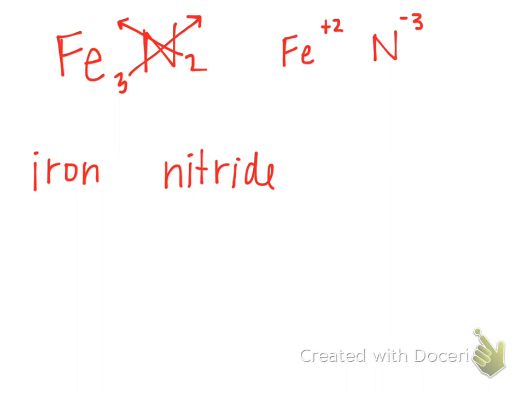Once I've reversed these charges and I can see that I'm at a plus 2 and a minus 3, I check my anion. Is minus 3 nitride's normal charge? Yes, which means there was no reducing that happened when I put them together. Which means what version of iron am I dealing with? Plus 2. So I put a 2 Roman numeral in parentheses. Okay?